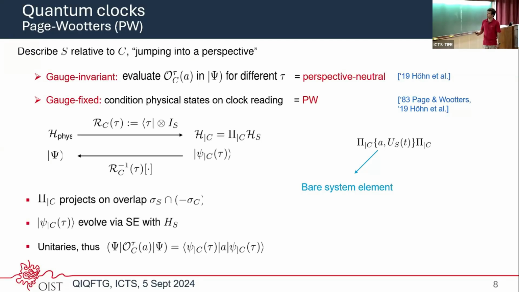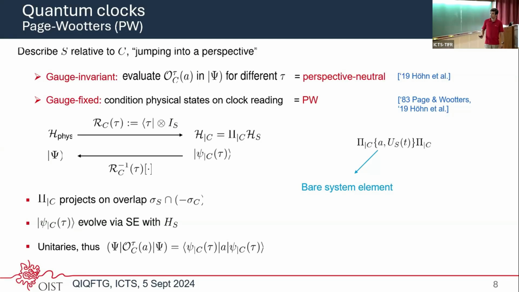And they're conjugated by this projector which projects on the overlap between the spectrum of the system and minus the spectrum of the clock, such that there will always be combinations that will lead to the full constraint being 0. And then it's an easy exercise to prove that this state evolves with the Schrödinger equation with the system Hamiltonian.